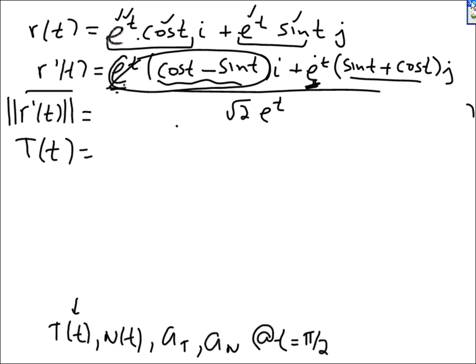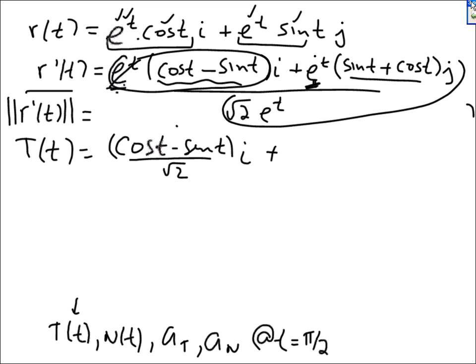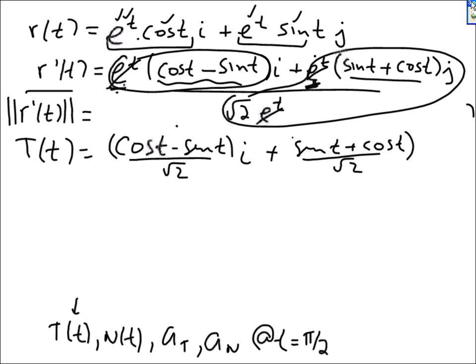The e to the t's cancel, and you get cosine t minus sine t all over the square root of 2 in the i direction, plus, when you do this division, the e to the t's also go, and you get sine t plus cosine t all over the square root of 2. That's in the j direction.